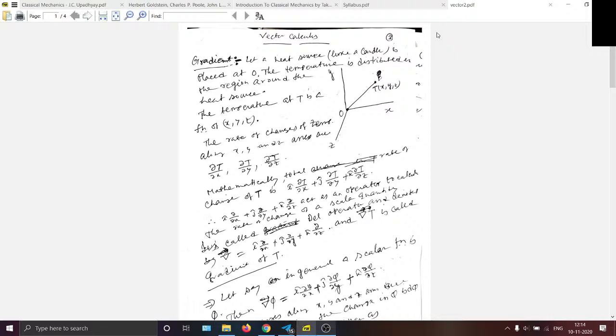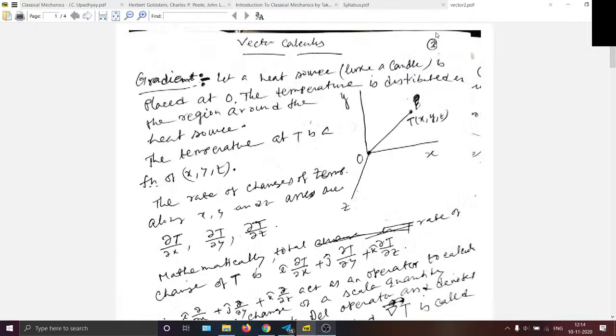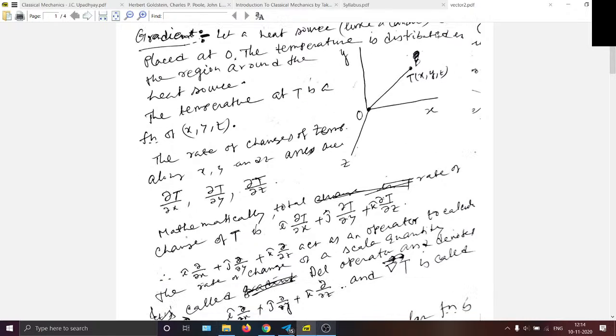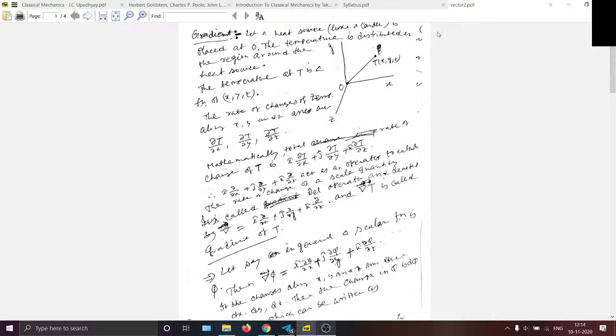If you want to know how the temperature is changing, let's say you are at point O and want to find the change of temperature at another point, say T. At point T your temperature is a function of X, Y, and Z, depending on whether the point is on the surface or somewhere in space.